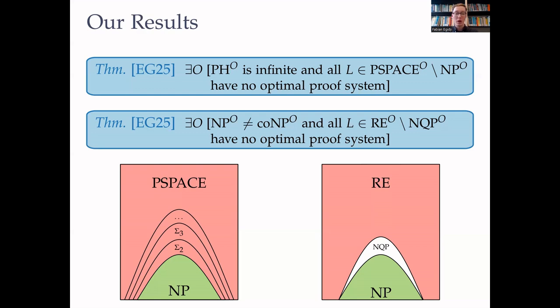What I also want to point out is that the oracle construction for the second oracle was quite involved because, to give you an idea, we have to consider all recursively enumerable sets. And this means that we have to diagonalize against nearly all Turing machines, and those in general do not have any runtime bound.